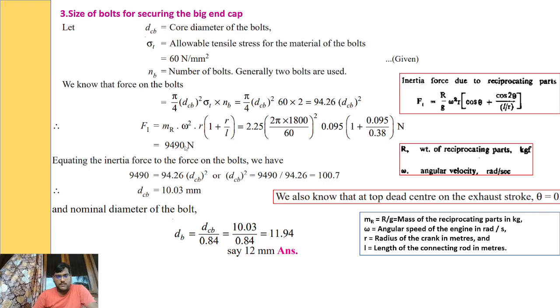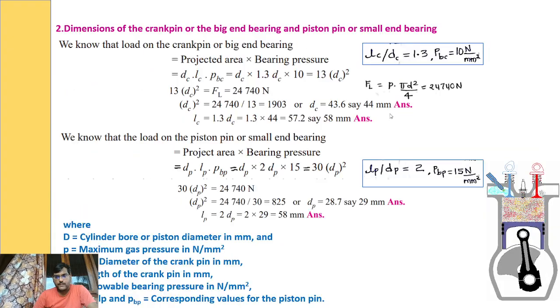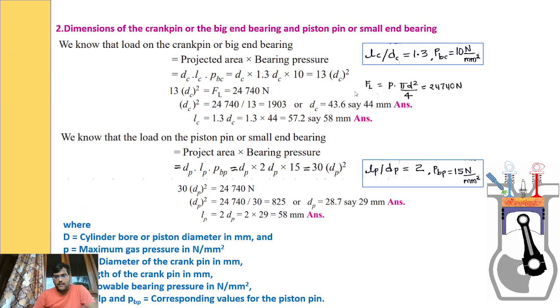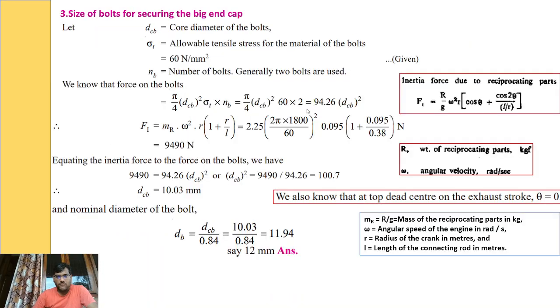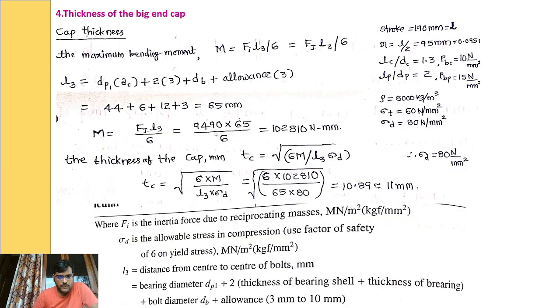So 9490 into L3 value by 6. Okay, we got the M value. Then you can substitute here. Here sigma d is 80 Newton per mm square. Then we got the TC value. This we got around 11 mm.